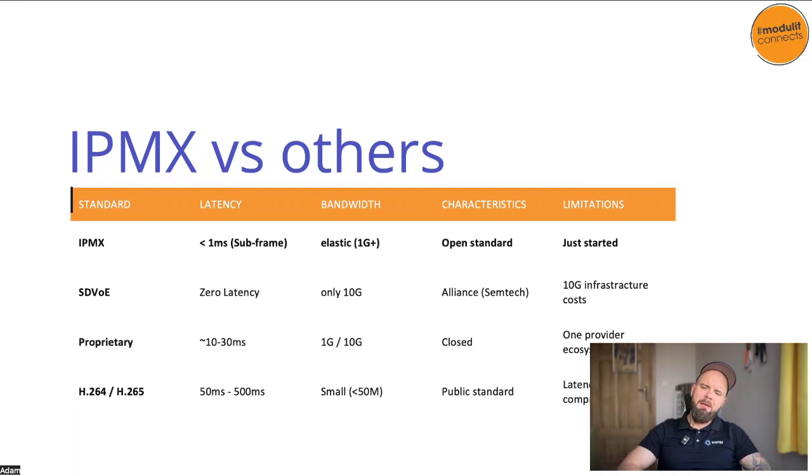But the thing is, it's just starting. It's at the beginning of the way. So the implementation of IPMX is not wide. We have some solutions for you, but there are more things coming, but they are not here right now as we speak. So the selection of devices is not that wide.